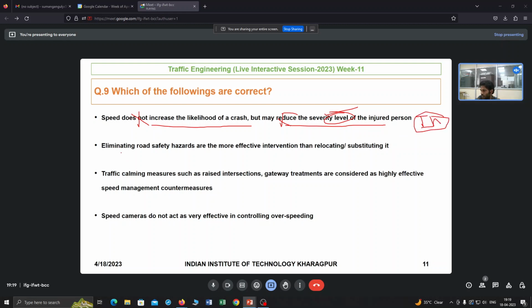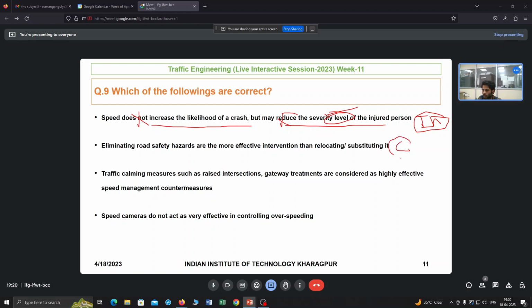Eliminating road safety hazards is more effective than relocating them. Obviously, if you relocate a road safety hazard, then road accidents will shift to that particular location. So you have to eliminate it altogether. So it's a correct statement.